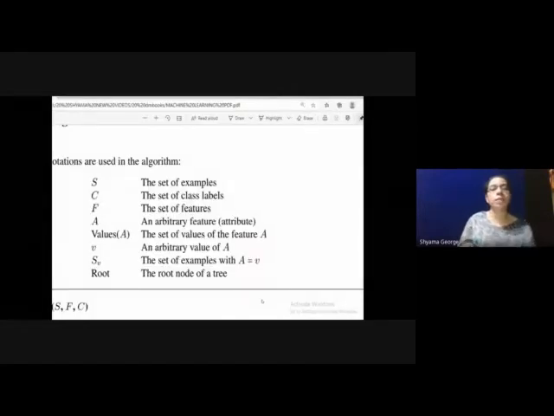And we are using different notations in this algorithm. S is the set of examples, C is the class labels, F is the set of features, A is an arbitrary feature or attribute, values of A means the set of values of the feature A, V is an arbitrary value of A. S_V is the set of examples with A equal to V. And Root represents the root node.